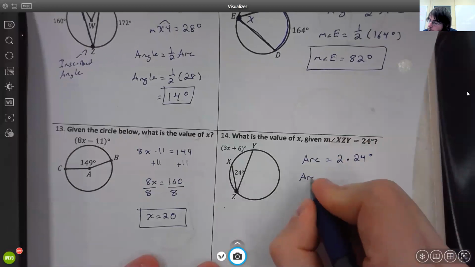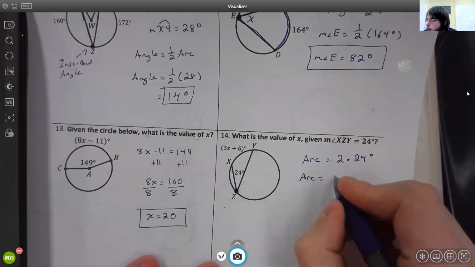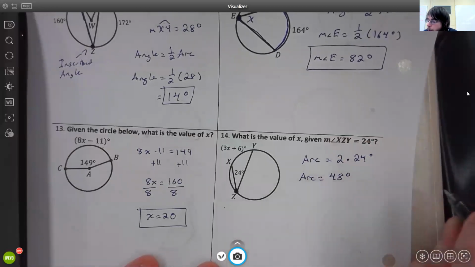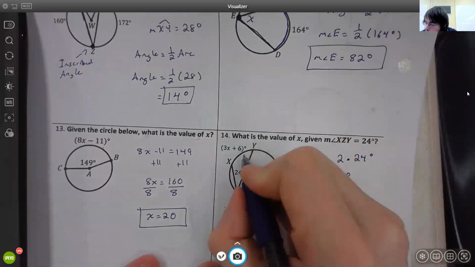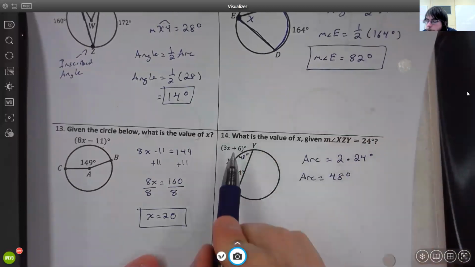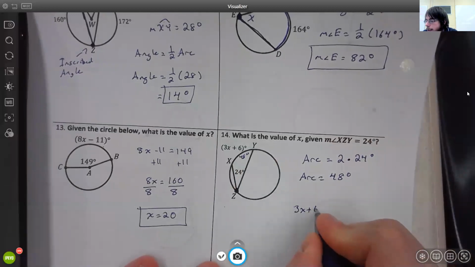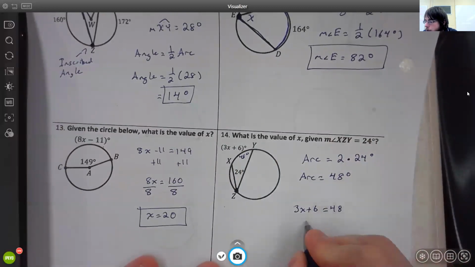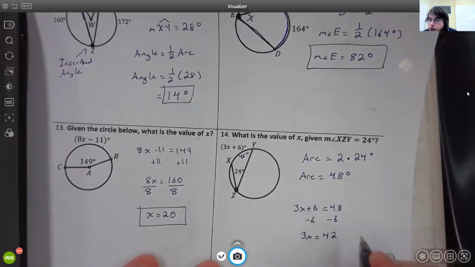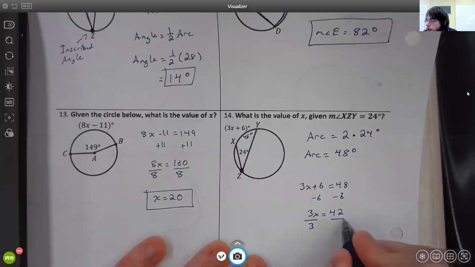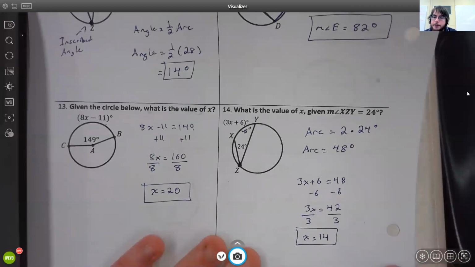So that means our arc must be 2 times 24, which is 48 degrees. Now we know that's 48 degrees, but we still want to find x. So we have to set 3x plus 6 equal to 48. Subtract 6 from both sides and we get 3x is equal to 42. Divide both sides by 3. We get that x is equal to 14.